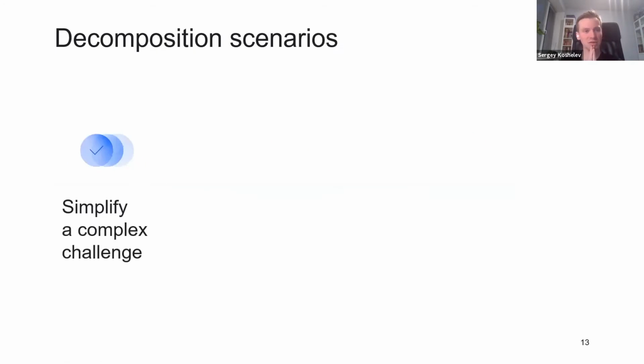So there are several popular scenarios where decomposition works really well. For example, you have a complex challenge and you want to simplify it. Like, imagine that you want to moderate a comment or get some useful information about feedback on a website. You can directly ask a person to say whether this feedback was good or bad.